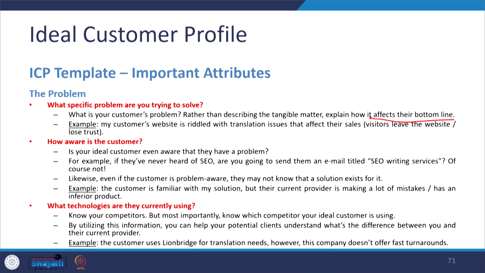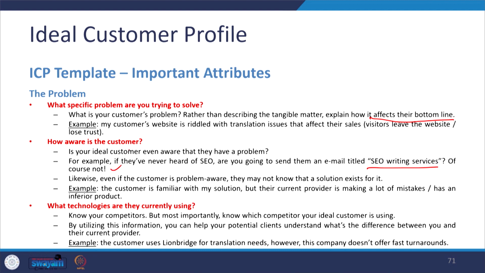Ask about how aware the customer is. Is your ideal customer even aware that they have a problem? Most of the time, businesses don't know the root cause of the problem, and they are just identifying a solution which is not actually targeting the particular pain point. So for example, in the previous example, if they have never heard of SEO, because the customer's website is struggling to maintain traffic to their web page, are you going to send them an email titled SEO writing services?